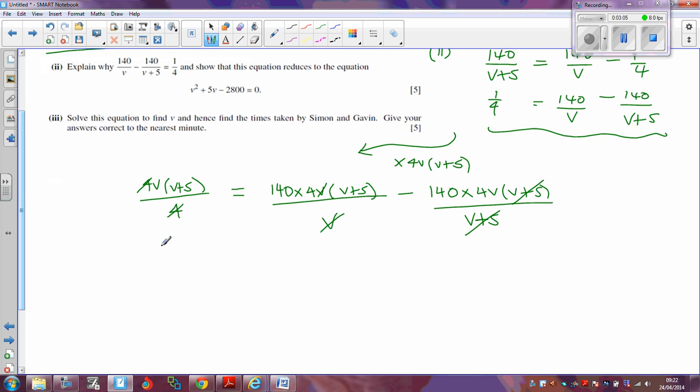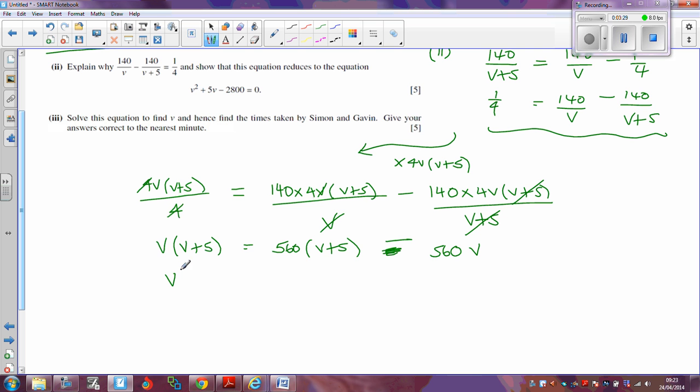Now if I continue, what I'm left with here is v times v plus 5. Here I've got 140 times 4, well that's 560 times v plus 5, and here again minus 140 times 4, well that's 560 v. The v plus 5's have gone.